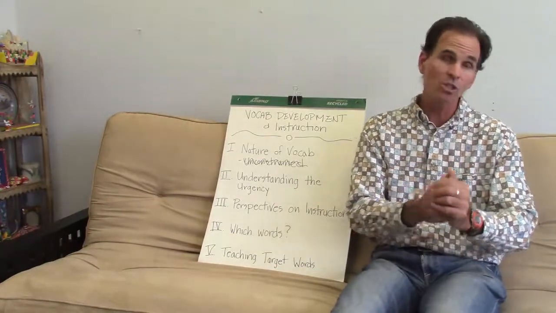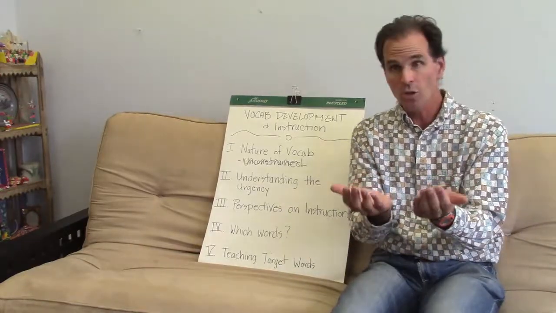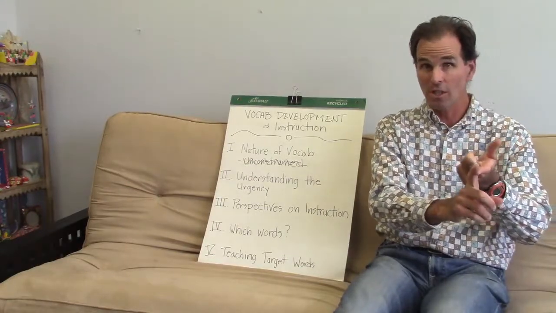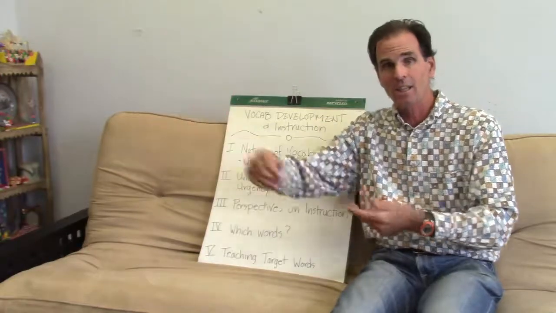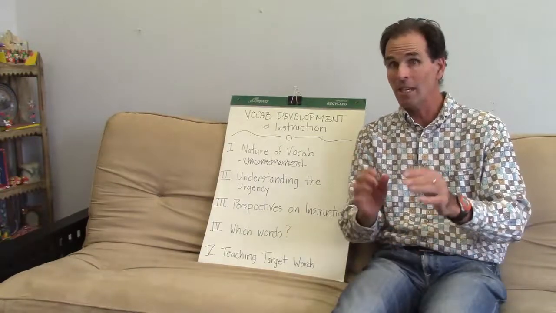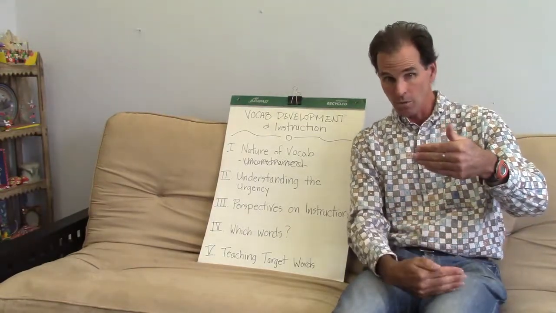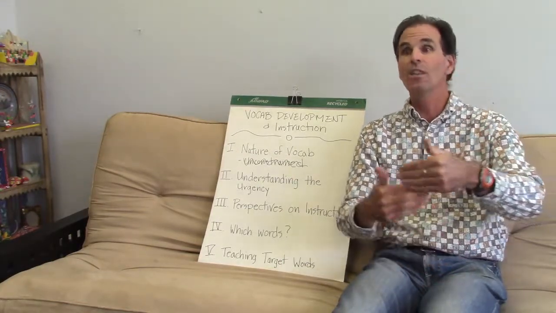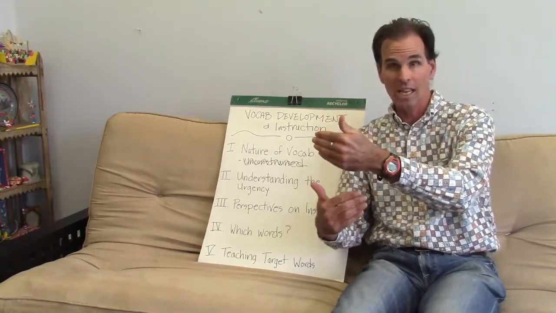Not just the explicit instruction, but effective wide reading. Connie Juel's study that we referred to, in terms of things like decoding proficiency in 1st grade and how predictive that was of effective reading at the end of 4th grade. Well, lo and behold, they also took vocabulary measures in that study, and when they compared the kids who were struggling readers at the end of 1st grade with those who were proficient, there was a wide gap in vocabulary knowledge at the end of 4th grade.